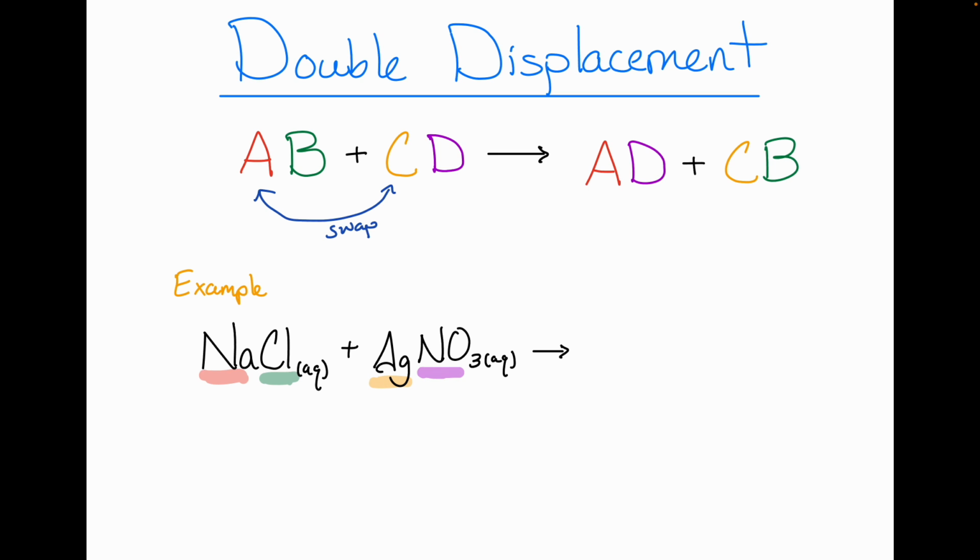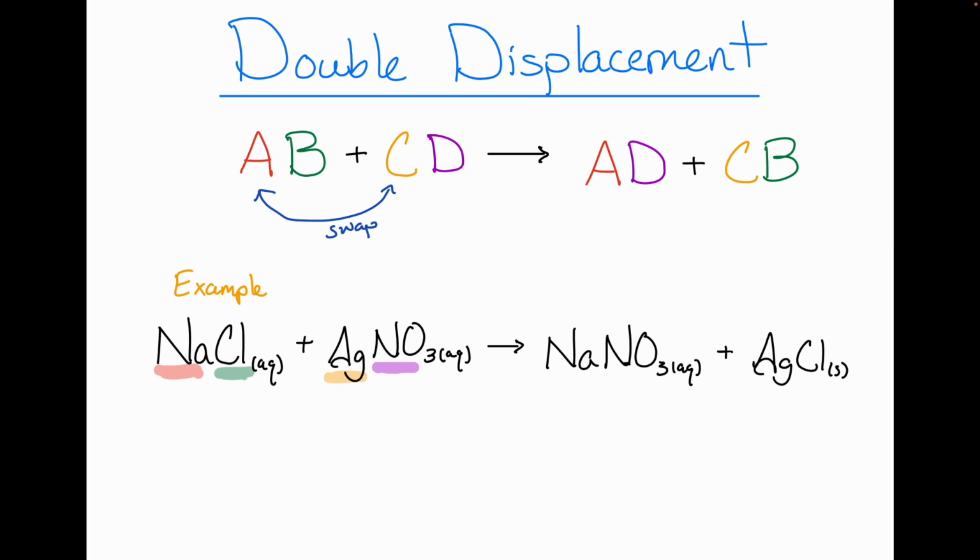So now I'm going to swap and put my sodium with the nitrate, and my silver goes with the chloride. Okay, and for right now, you're just going to trust me that this reaction happens. We'll study it in a little bit more depth, and you'll be able to predict whether or not this reaction happens, but we're not there yet.